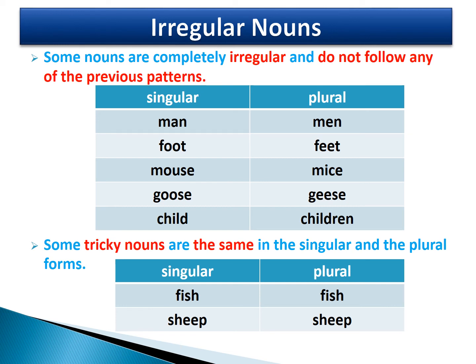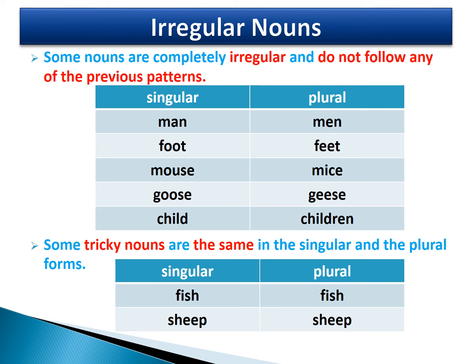And I'm also sure that you know some more, like woman, women, tooth, teeth. And you can write down also the other irregular nouns that you know. But please remember, these nouns have to be memorized. You know more as you memorize more.